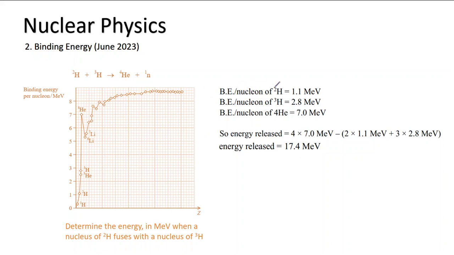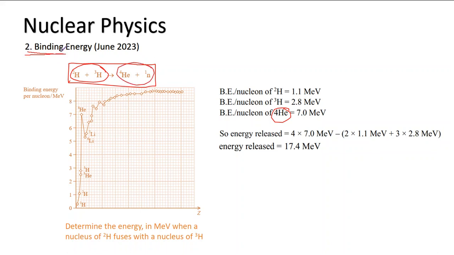Binding energy per nucleon of deuterium is 1.1 MeV. Binding energy per nucleon of tritium is 2.8 MeV. And the binding energy per nucleon of helium is 7. You have to refer to this equation. So these are the reactants, these are the products.